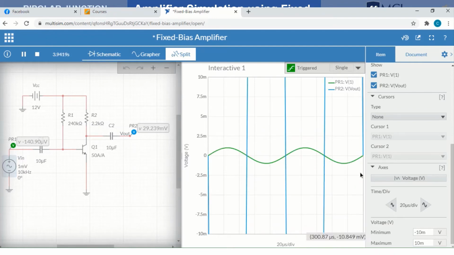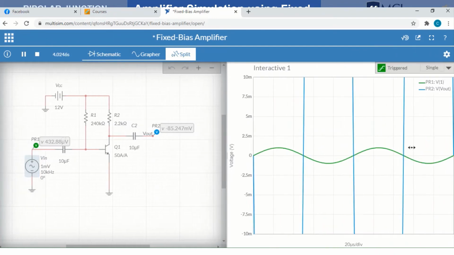As you can see, we can now see clearly the input voltage. It has a 1 millivolt maximum value. And as you can see, the output is so large that we can no longer see its maximum value.